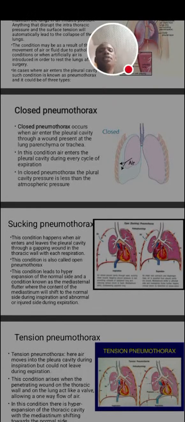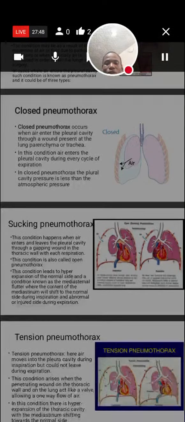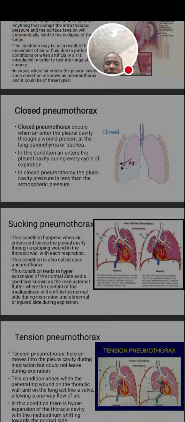Air enters in open pneumothorax, and then the condition leads to hyperexpansion of the normal side, and the condition known as mediastinal flutter, where the content of the mediastinum will shift to the normal side during inspiration and to the abnormal or injured side during expiration. So here there is what?